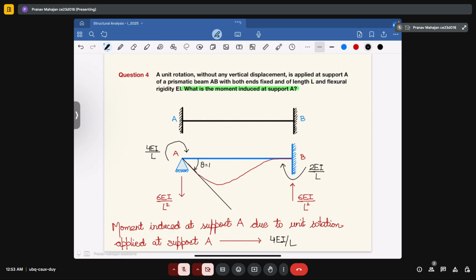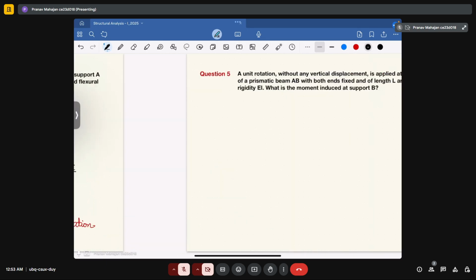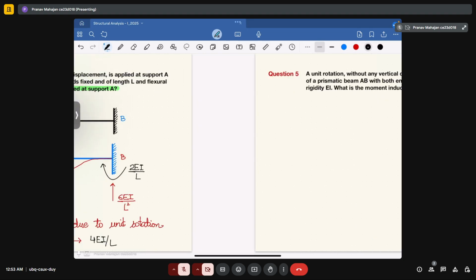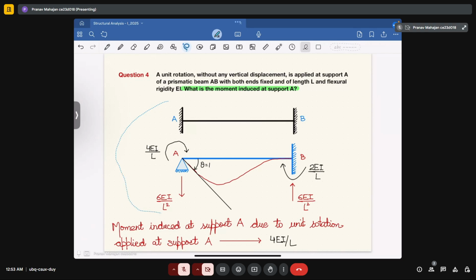Now let's see what the next question is asking you. So the next question is asking you, when you are providing a unit rotation without any vertical displacement in a prismatic beam AB with both ends fixed and of length L and flexural rigidity EI, what will be the moment induced at the support B? So continuing with the same diagram, let me copy this diagram in the next page.